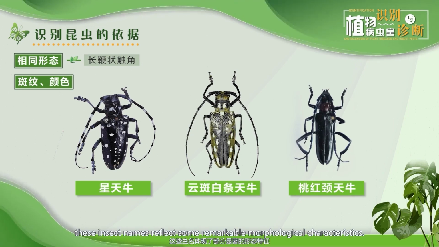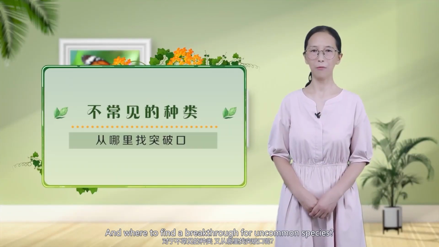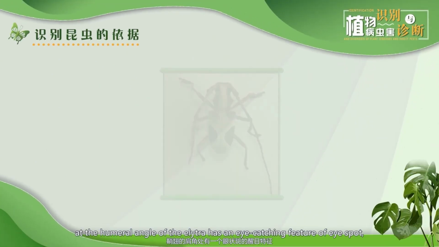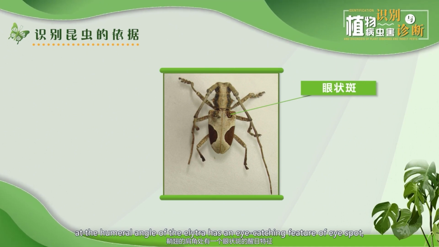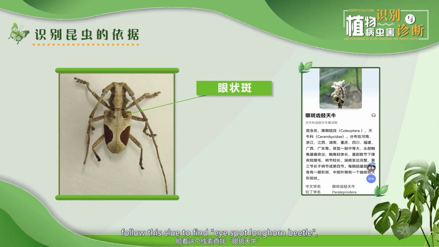These insect names reflect some remarkable morphological characteristics. And where to find a breakthrough for uncommon species? Look at this longhorn beetle. At the humeral angle of the elytra there is an eye-catching feature, an eye spot. Follow this clue to find the eye spot longhorn beetle.